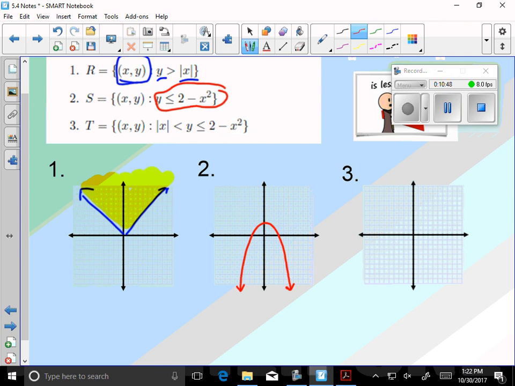And I want to know all values that are greater than or less than? Less than. So I'm going to shade below. Shade below. Be a good child. Shade below. Now, what's the important distinction between the first two examples? There is a distinction. And right now I've got one of them wrong.